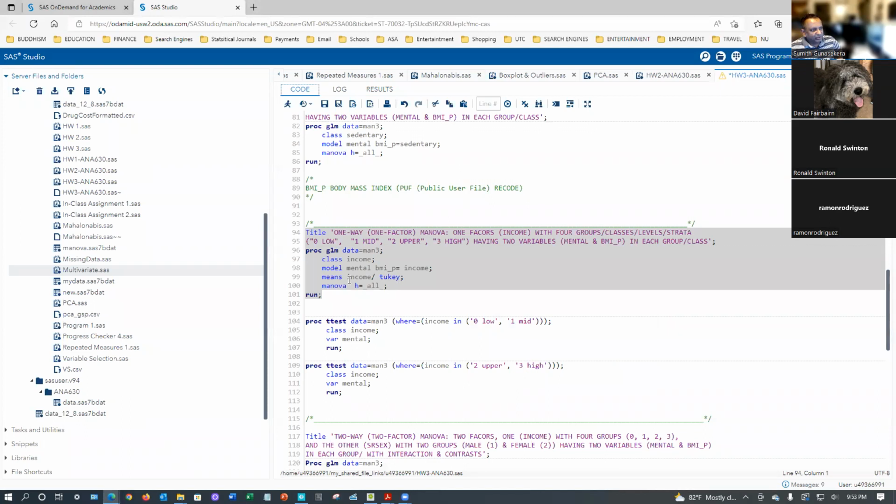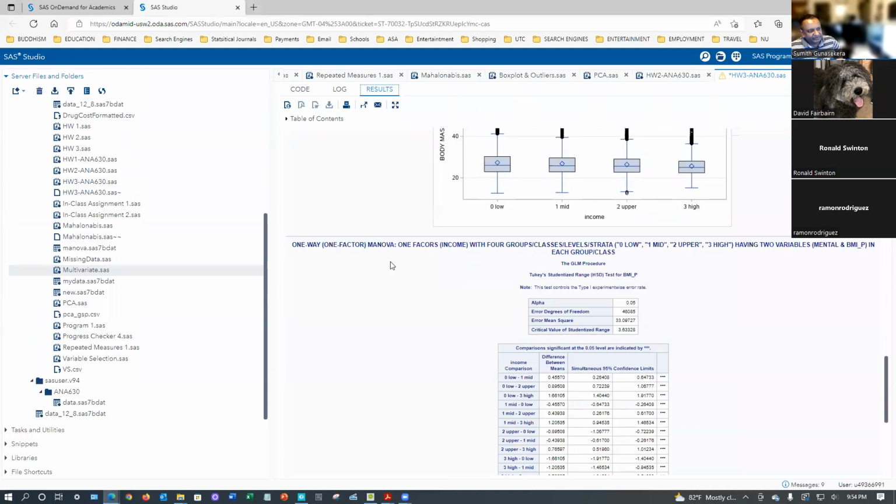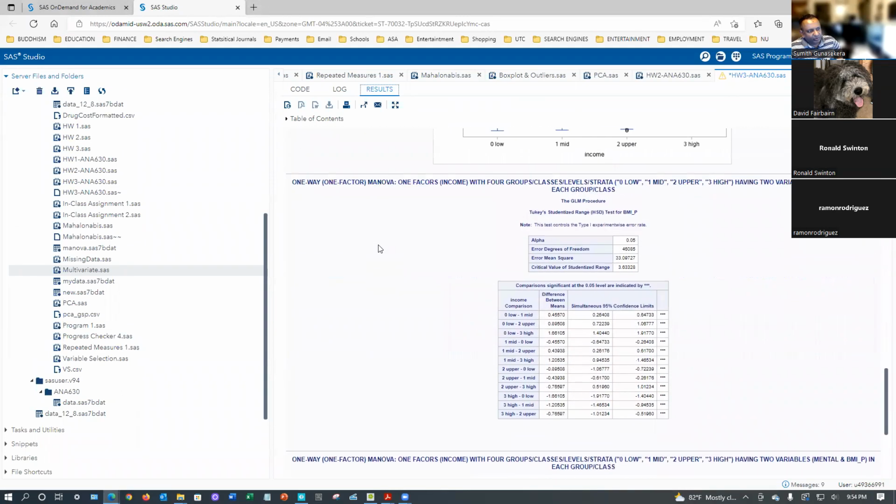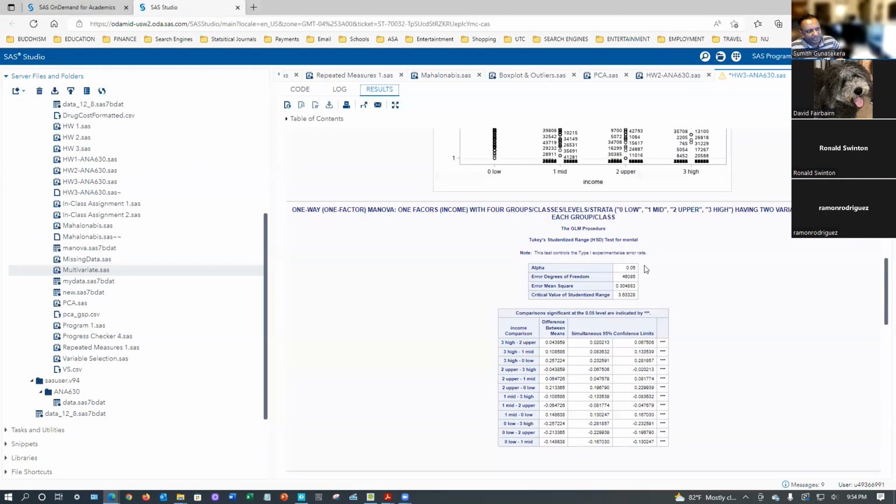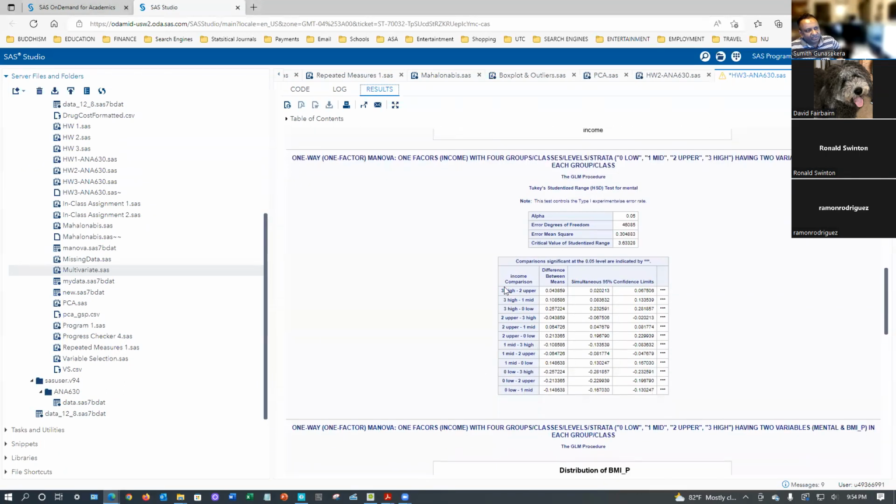That's why I put the Tukey over here. For the income data, please give me the Tukey. Do we have that somewhere? Yes, for both of them. This is for the BMI, and this is for mental. Look at the Tukey, 1 and 2. Yes, 1 and 2. These are being repeated.